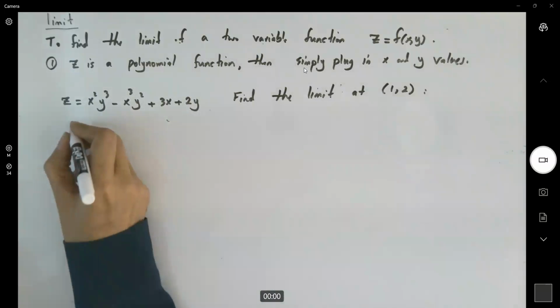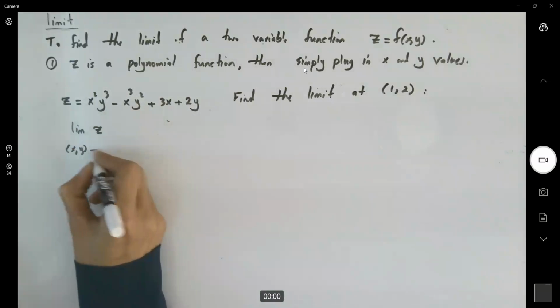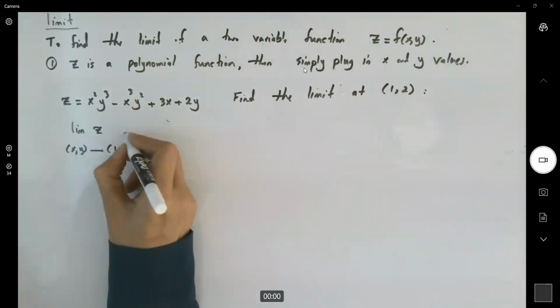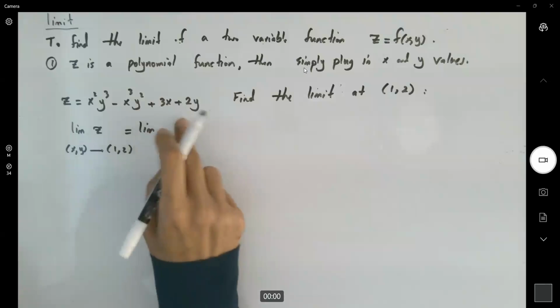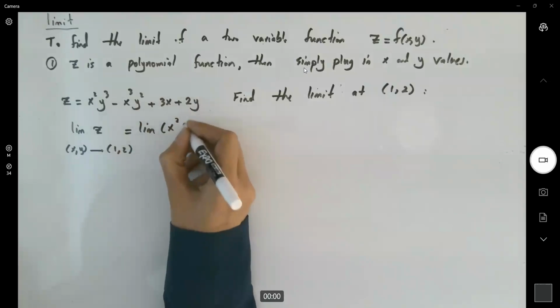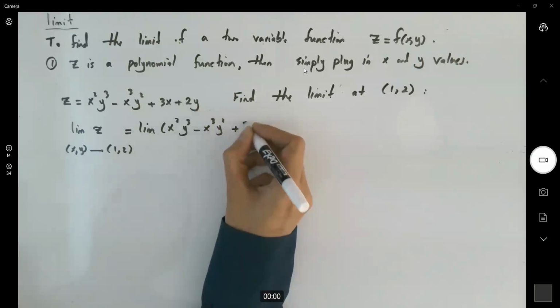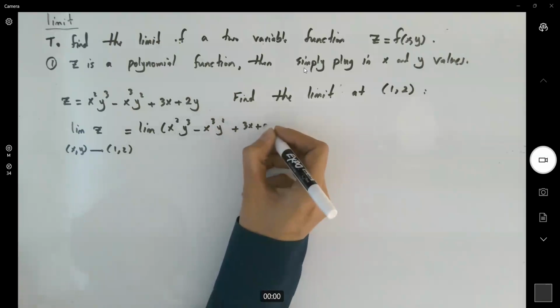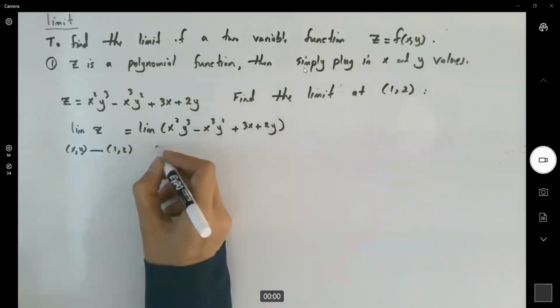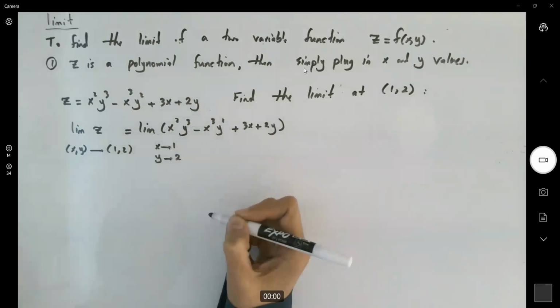So here, the limit of z as x and y approaches 1 and 2 is going to be the limit of this polynomial function, x squared y cubed minus x cubed y squared plus 3x plus 2y as x approaches 1, y approaches 2.